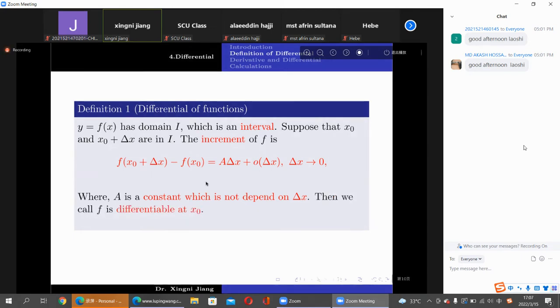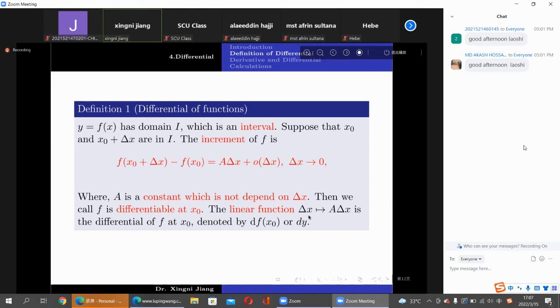Then if the increment of f can be divided into two parts like this, then we call f differentiable at x0, and the linear function from delta x to a multiplied with delta x is the differential of f at point x0. So the differential of a function is another function.